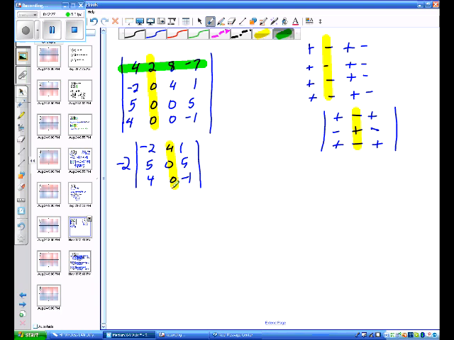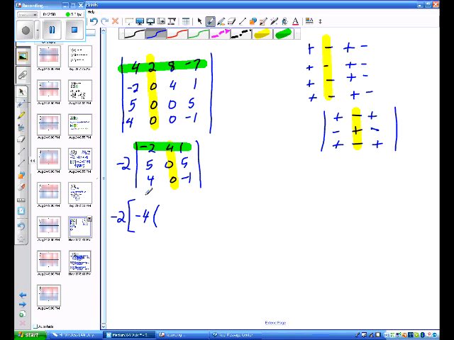So I'm going to expand it about this column, and I want the matrix that's left when I eliminate that row and that column. So let's look at what we have. We've got negative 2 times, and then I'm going to have negative 4, and then it's going to be the matrix that's left.